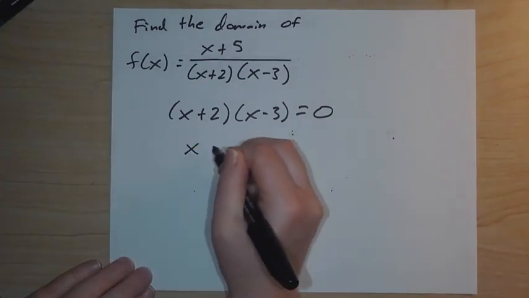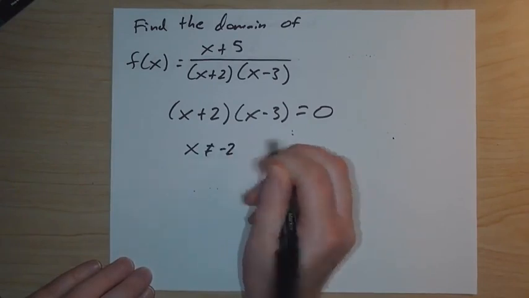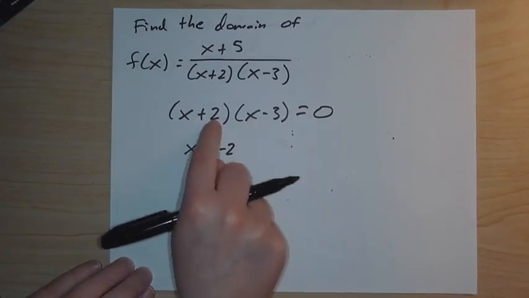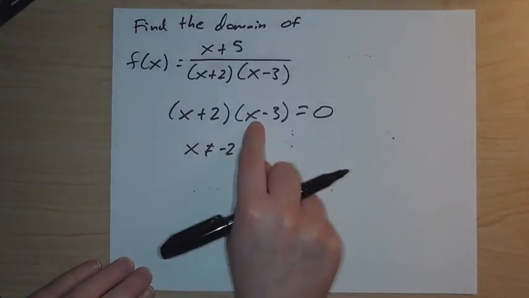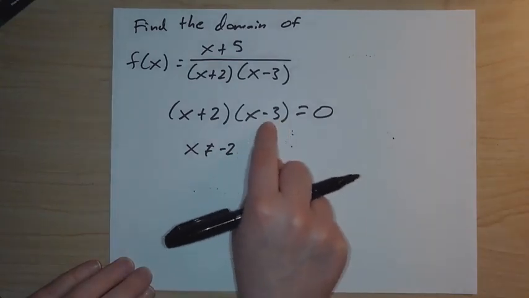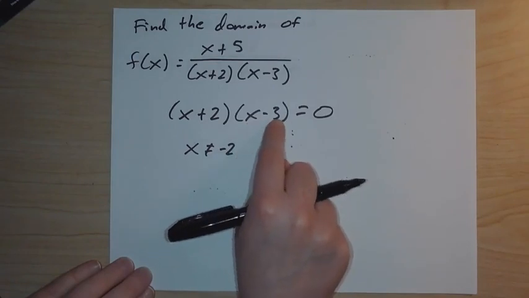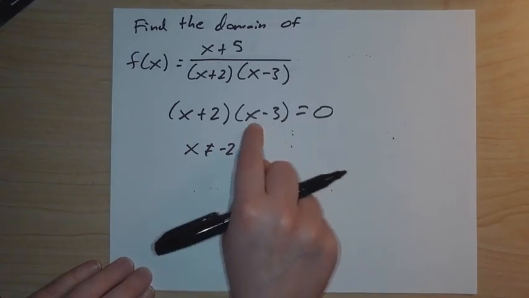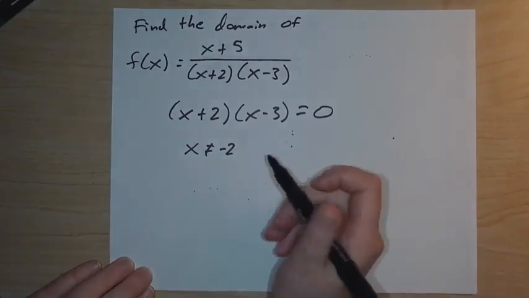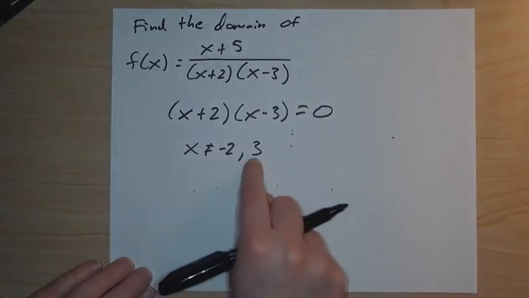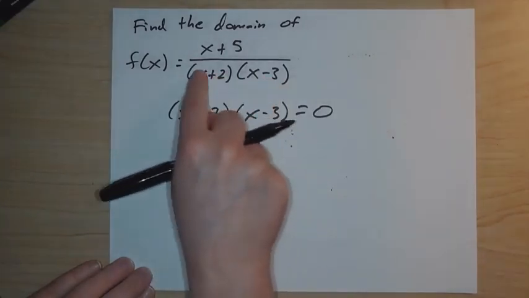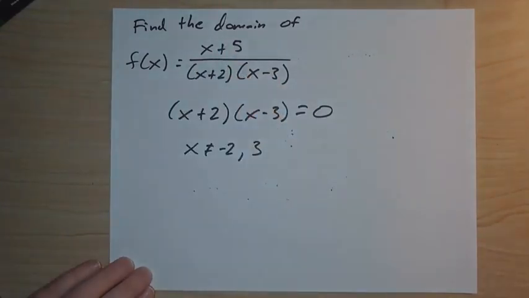So x cannot be negative 2, because if x is negative 2, plus 2 is 0. And then there's another case: if x minus 3 is equal to 0, then x is equal to 3. So it can't be positive 3 either. If x is negative 2 or 3, this would equal 0.